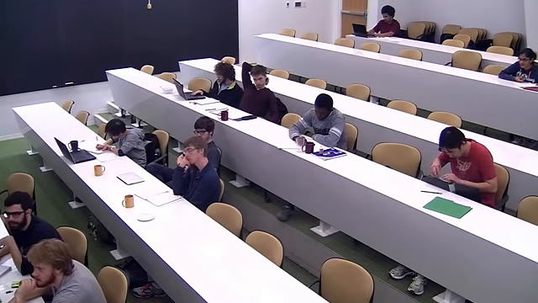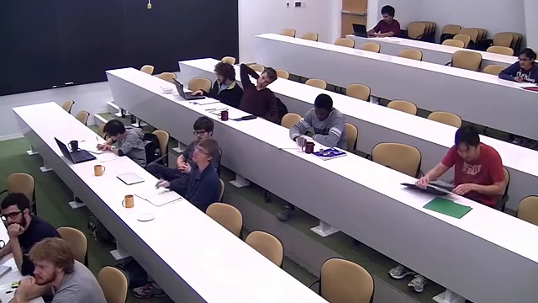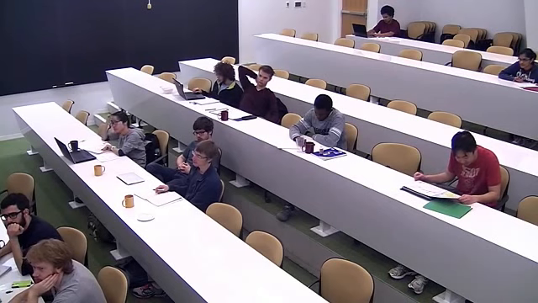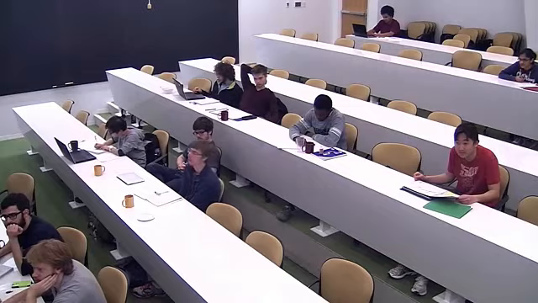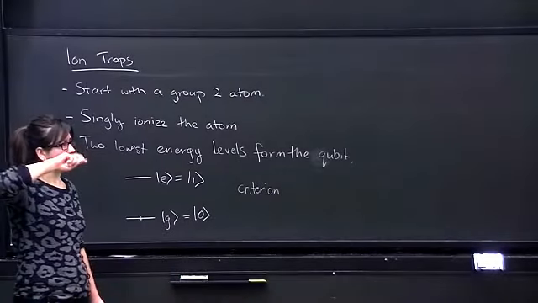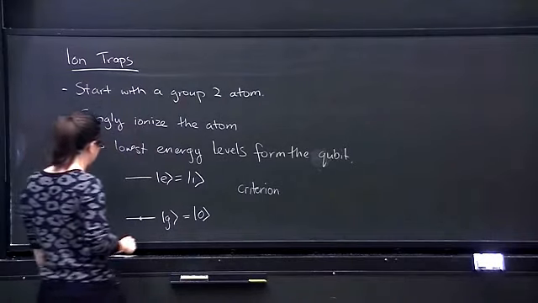Let me try and remember my atomic physics. I don't think you can transition between 2 different s orbitals, right? So I think it's going to be an s to a p. But let me double check that and get back to you.